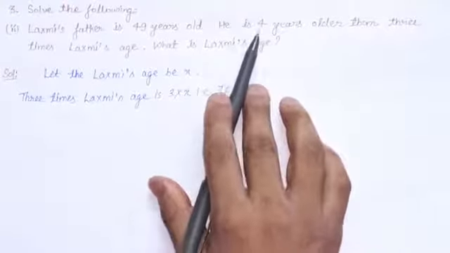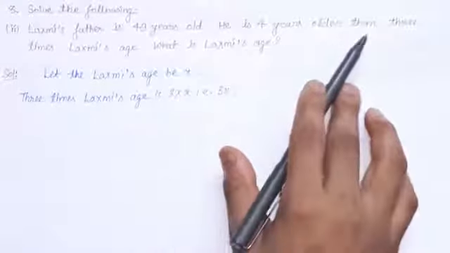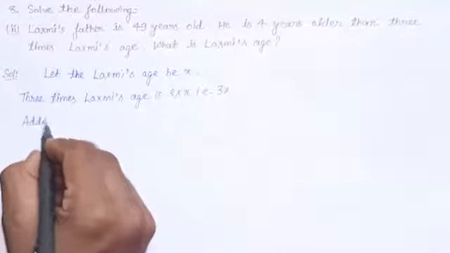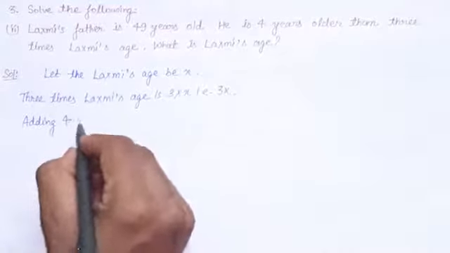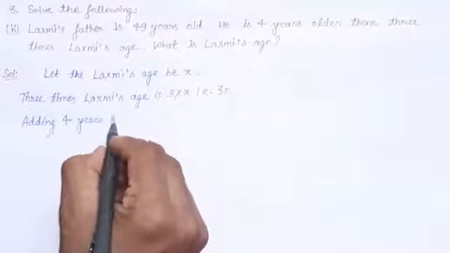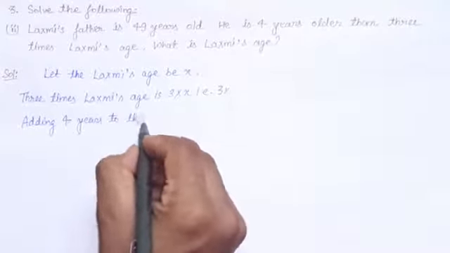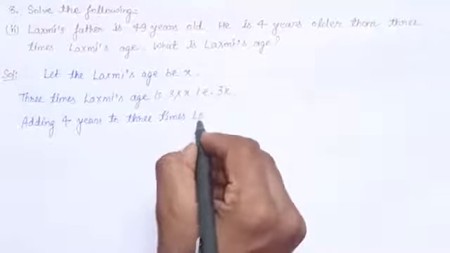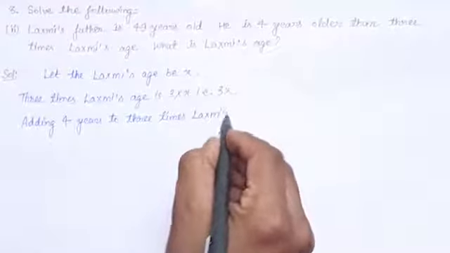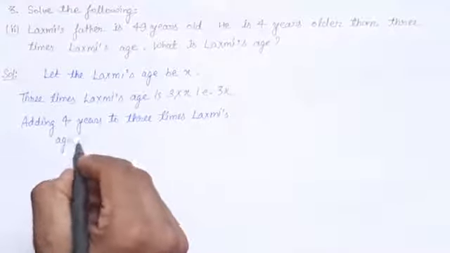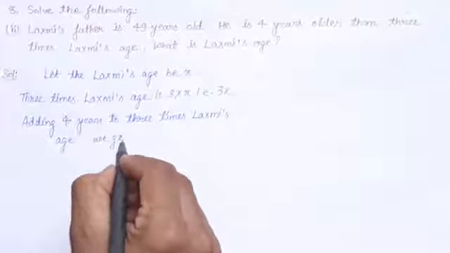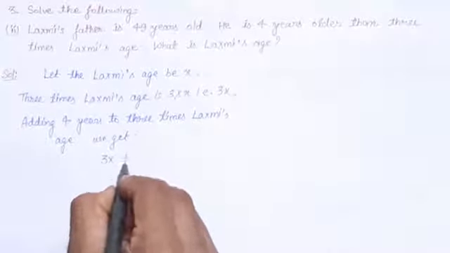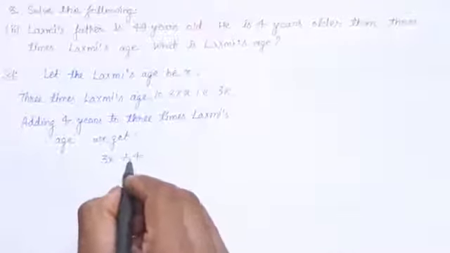Again we have to add 4 years to the 3 times Lakshmi's age. So adding 4 years to 3 times Lakshmi's age, we get 3x plus 4.